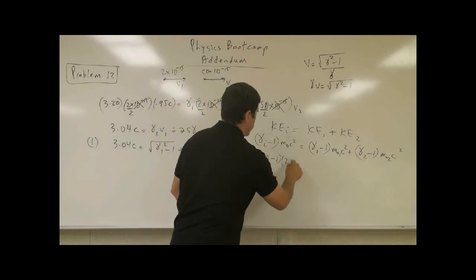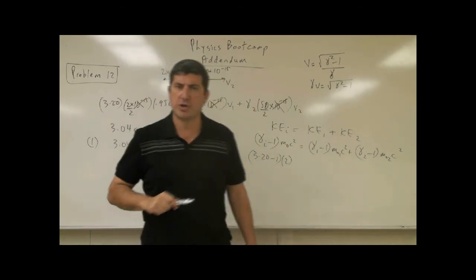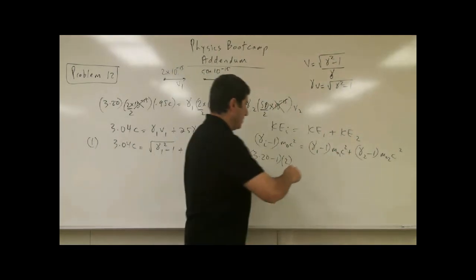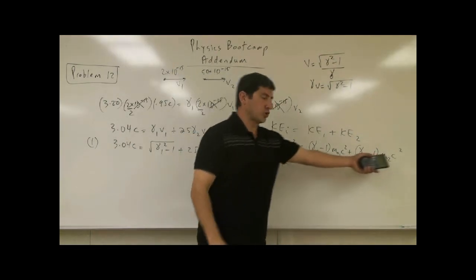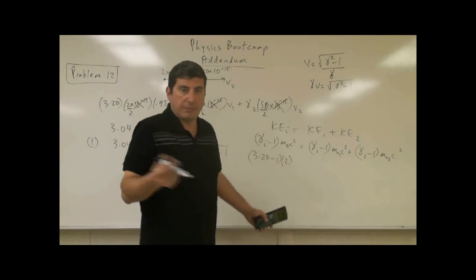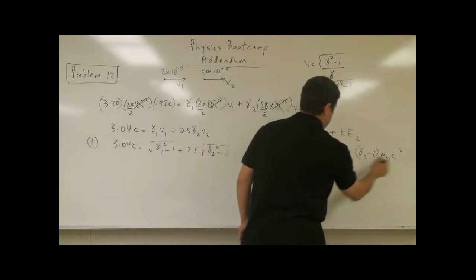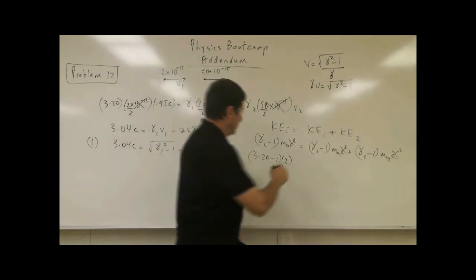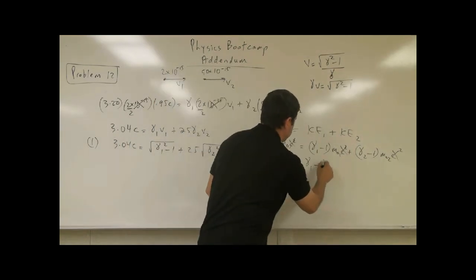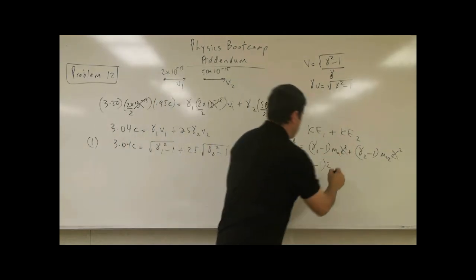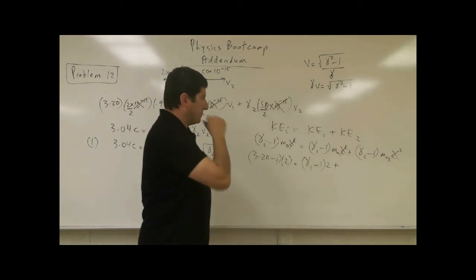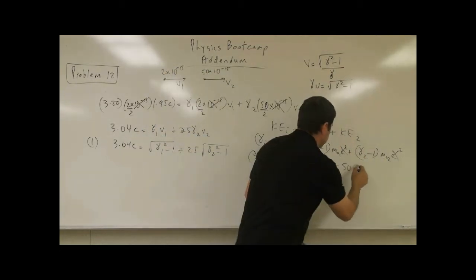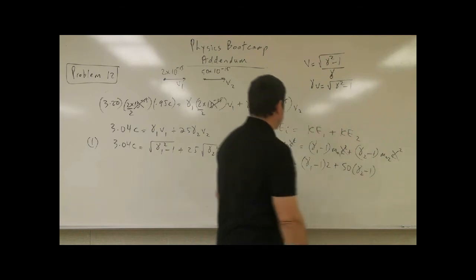This is 2 times 10 to the minus 15. I'm not going to put the power 10 to the minus 15 because they're going to cancel from both sides. C squared is also going to cancel, so I'm not going to need that. So you're just going to have the 2, right? So this one you have gamma 1 minus 1, 2, plus then you're going to have here 50, gamma 2 minus 1. Okay?